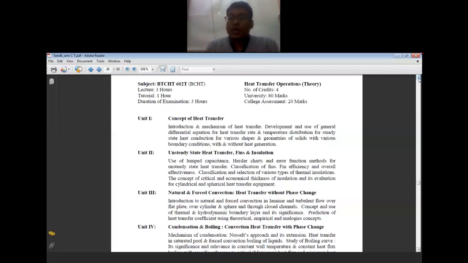Similarly for the sphere also. So basically three geometries we are going to consider: the slab, the cylinder and the sphere. They can be solid or they can be hollow also, with various boundary conditions.